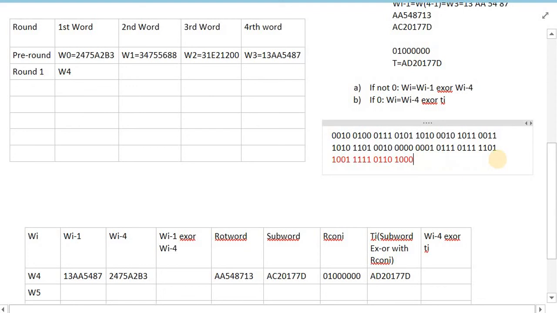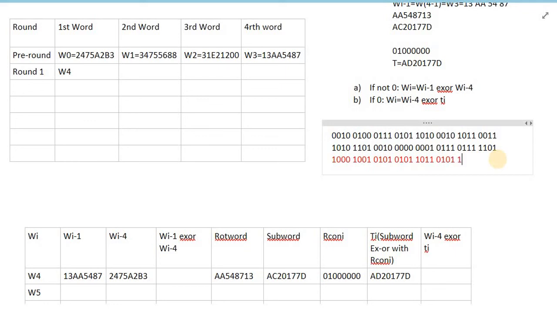Now perform the XOR between the two, that is 1 0 0 0 and 1 0 0 1 0 1 0 1 0 1 0 1 1 0 1 1 0 1 1 0 1 1 1 0 0 1 1 1 and 0.